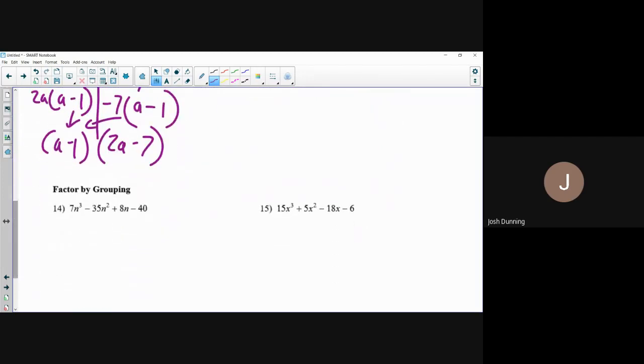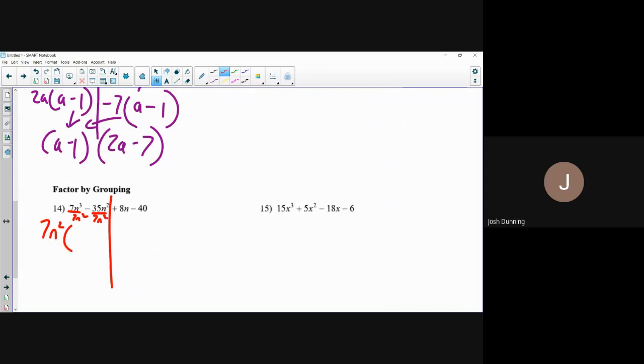And they can ask you to just factor by grouping. I figured I'd practice a couple of these. You go right to splitting it down the middle. You do that when there are 4 terms. The GCF on the left is 7, but this time there's n squared. 7 divided by 7 is 1.